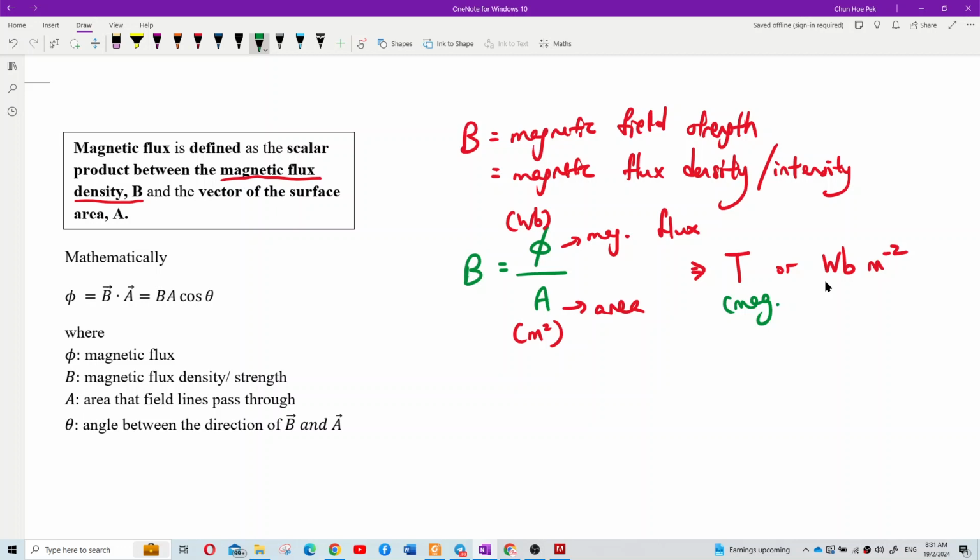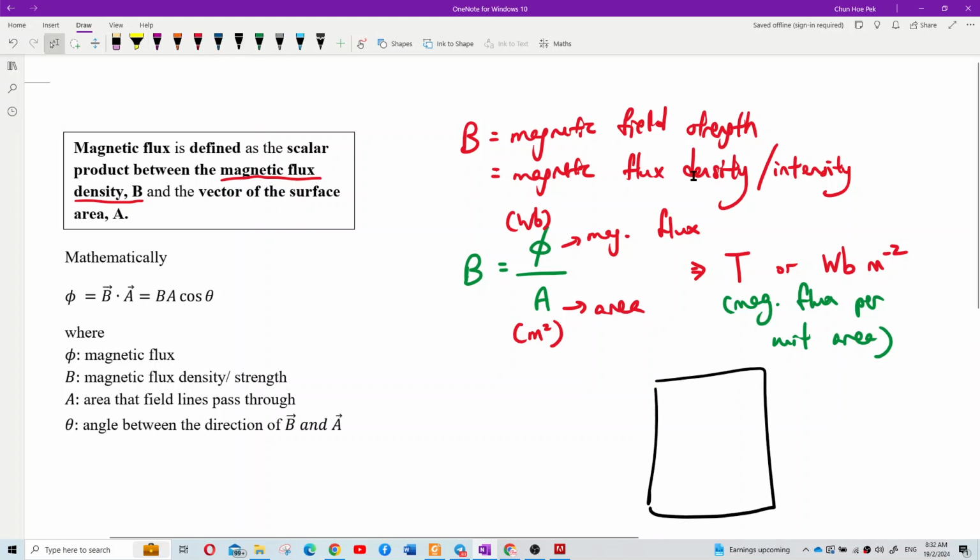That means magnetic flux per unit area. If I have a certain area, how much is the density of magnetic flux? If you have a strong magnetic field, then the density is very high, the magnetic flux per unit area.